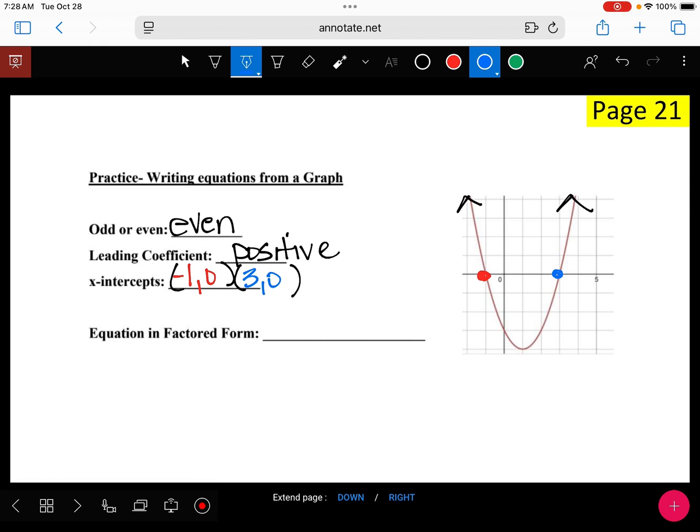When we write our equation, every time it crosses the x-axis, we have to create a parenthesis. So we only have, let me make my f of x equals, or you could say y equals. All right, I have 2 parentheses, put an x in front of both. Now, what's gonna happen with this -1? What am I gonna put here? +1, good.